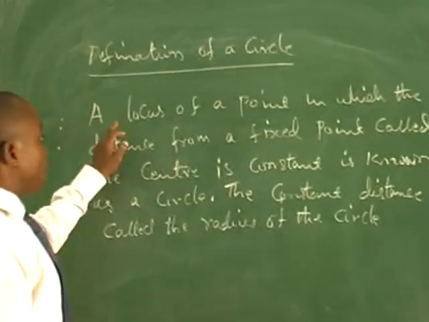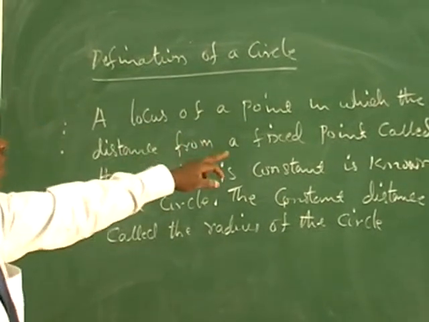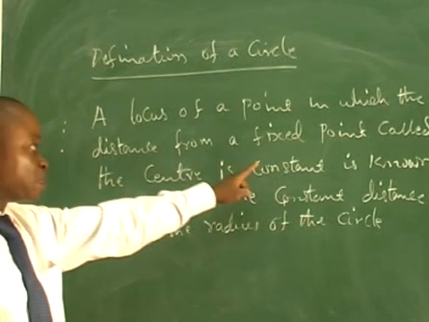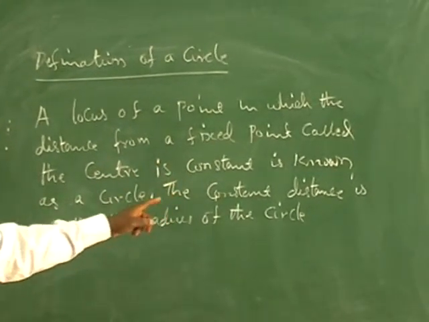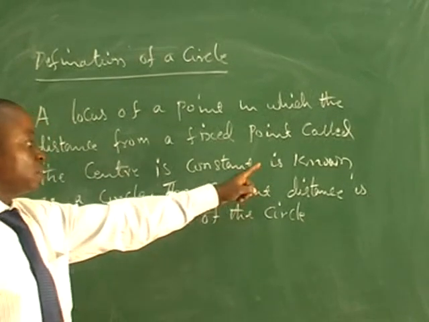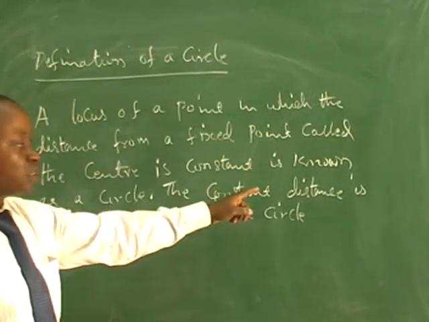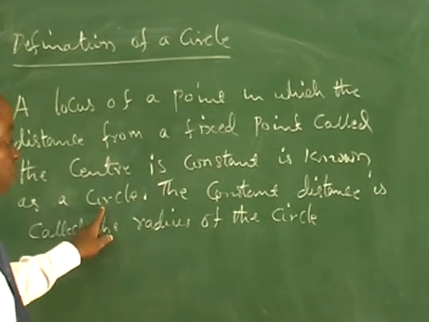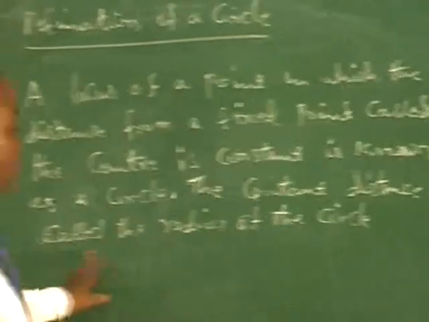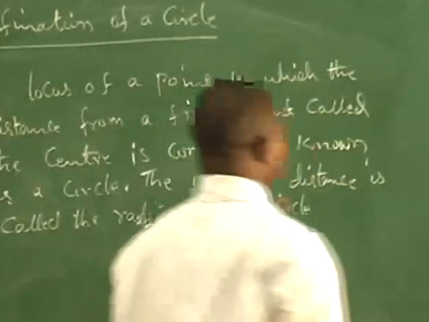Now, a locus of a point in which the distance from a fixed point called the center is constant. So, such locus of a point is known as a circle. The constant distance is called the radius of the circle.